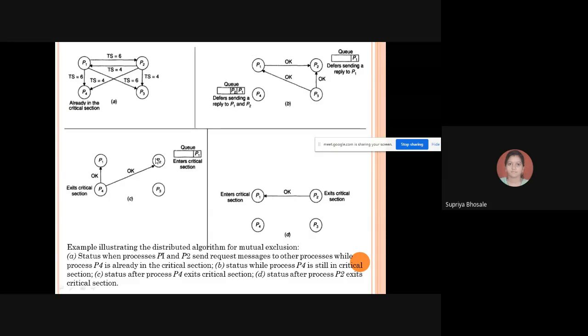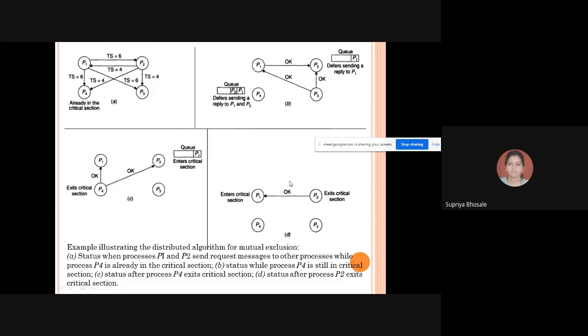Fine. So now here P2 will enter into the critical section with P1 in its waiting queue. So this is the status after the process P4 exits from the critical section. And finally over here, when P2 exits from the critical section, which other processes are there in P2's queue?